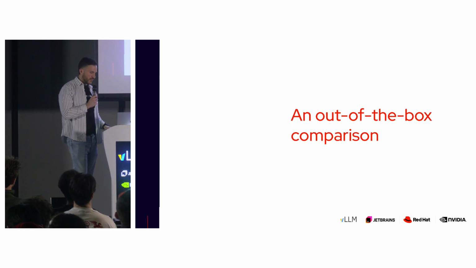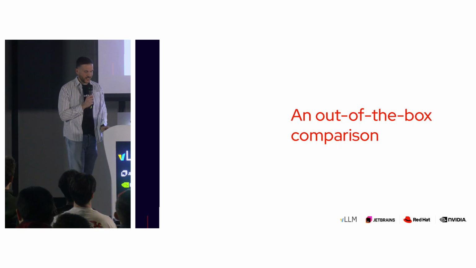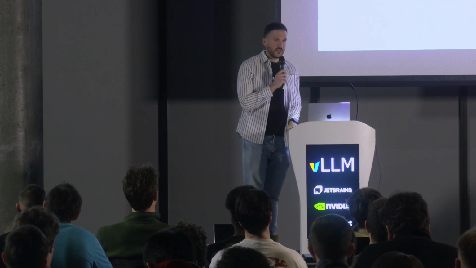And now finally, I just want to share a very quick out-of-the-box comparison, since I know that some of you will ask about it, so I took the occasion to do it myself. Big disclaimer: take the results with a grain of salt. I just took SGLang diffusion and vLLM-Omni and ran them on an H100 without tuning the server parameters at all.